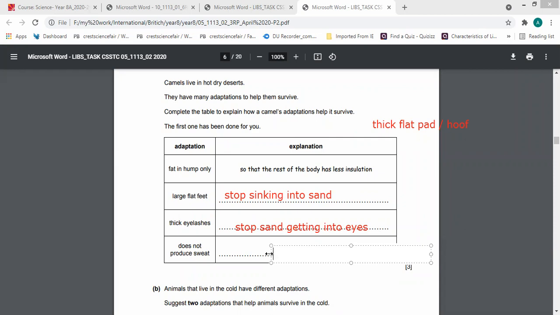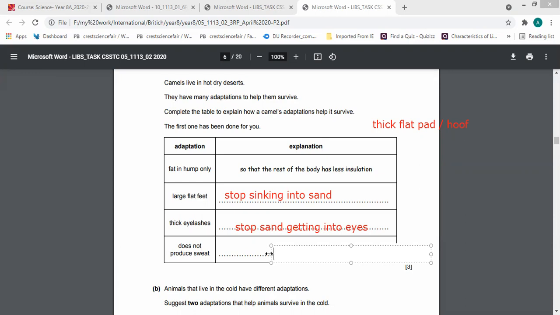So the camel doesn't produce sweat to maintain and keep the water, or to avoid losing water. The scientific term for losing water is dehydration.